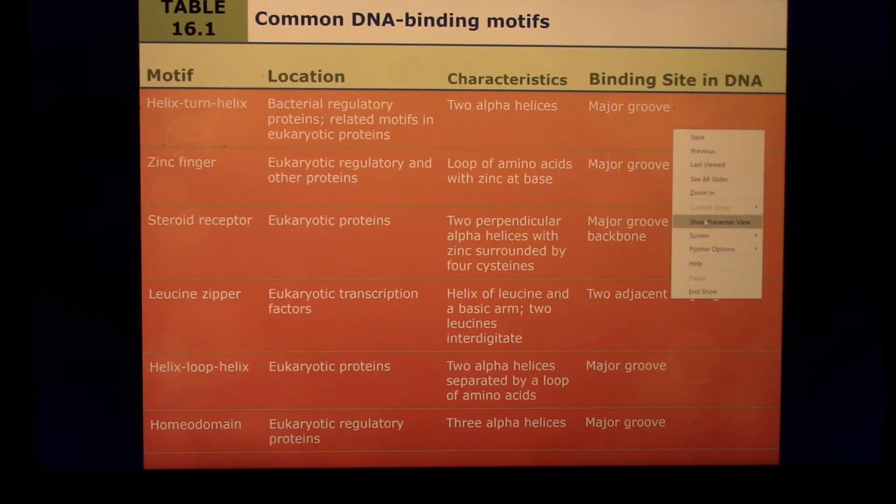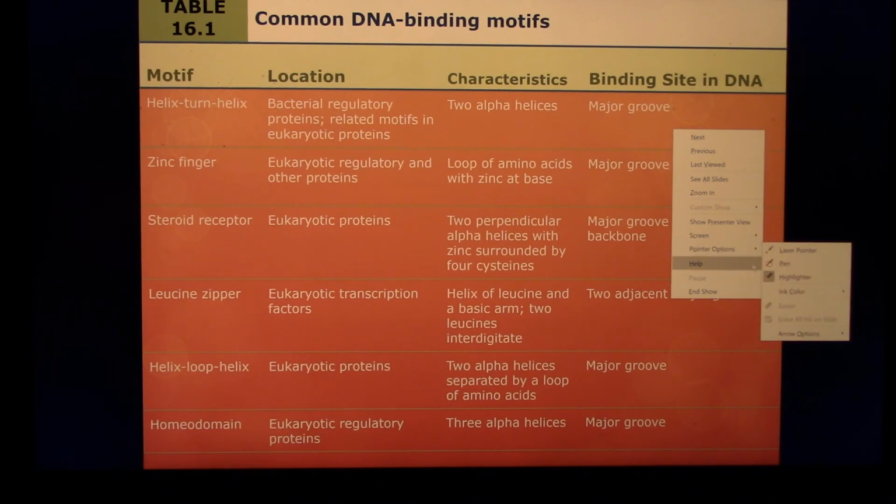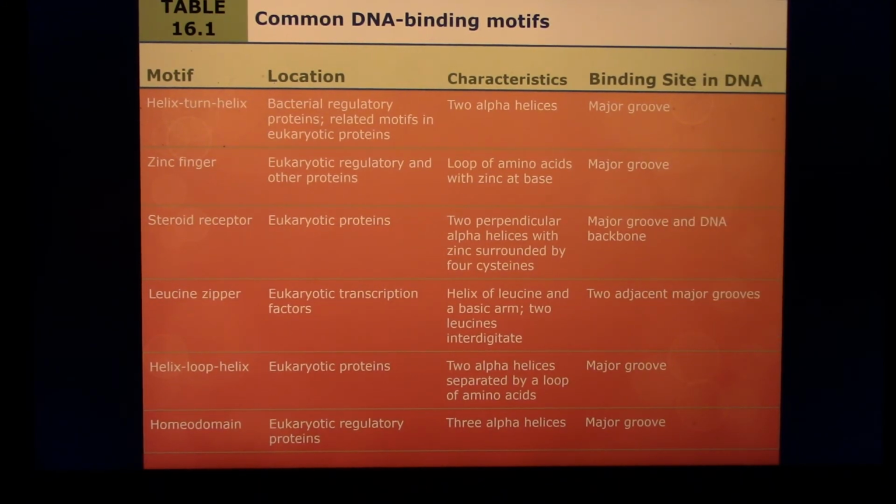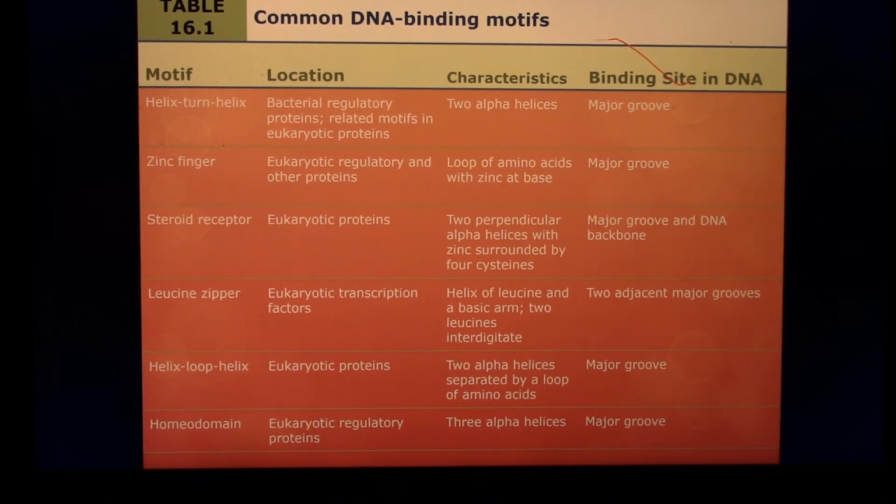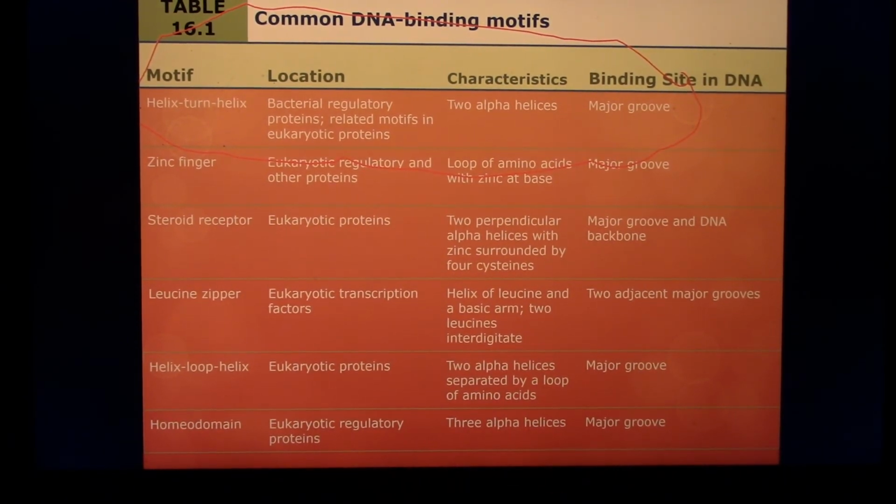And I am now attempting to switch to a pen. Will the pen show up when I circle this region? Oh, it's crazy, but it's working. Okay, so there we go. There is what you need to remember from this table.